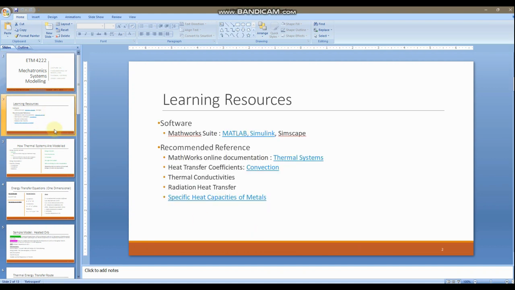As always, the learning resources with respect to software is the Works online documentation. However, when it comes to thermal systems, we'll be needing a lot of data sheets to find out what certain properties of physical solids, liquids, and gases are, since we will be dealing a lot with such properties.